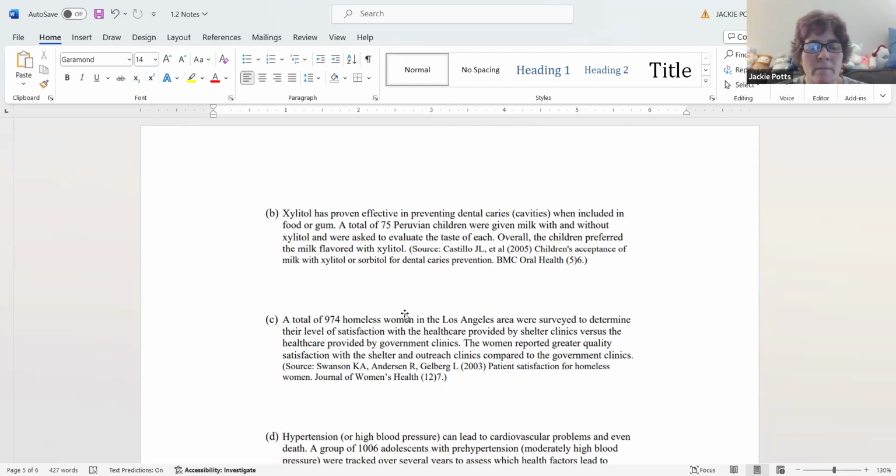What do you think? Those that said designed, you're right, because we tweaked it. We tweaked the variable of the milk. Some got it with the xylitol added, some didn't. We tweaked the variable to change the outcome, and the outcome was the taste of the milk.